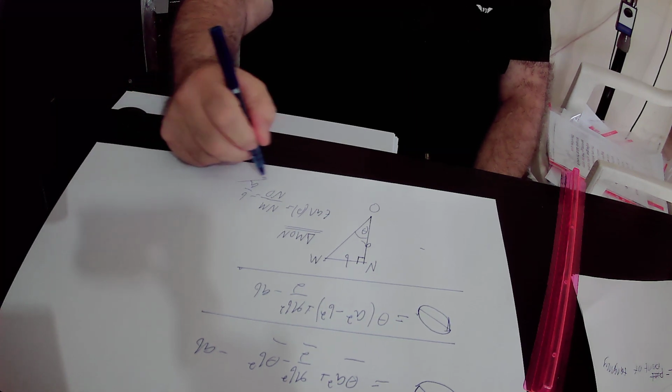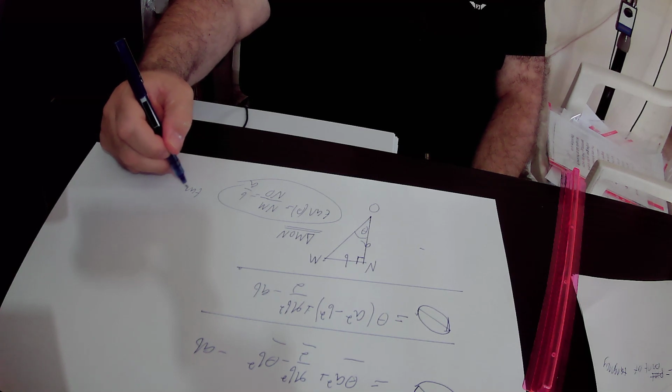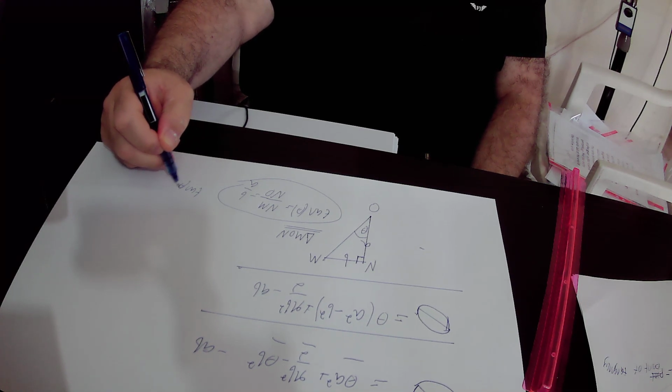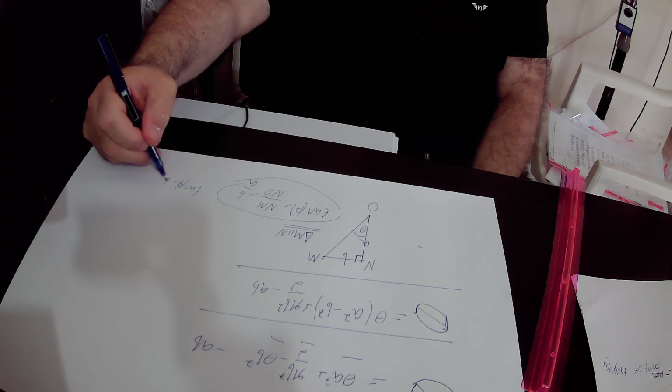So in conclusion, we found out that tangent theta equals b over a.